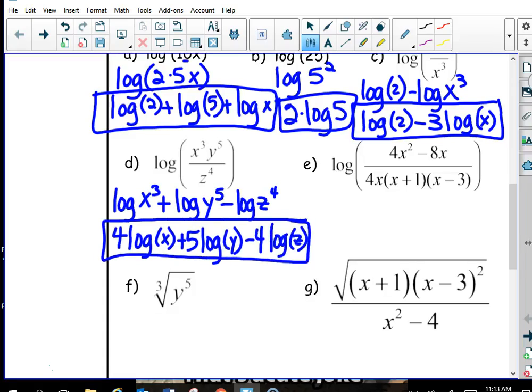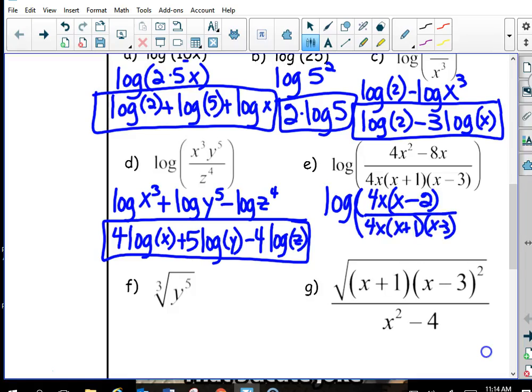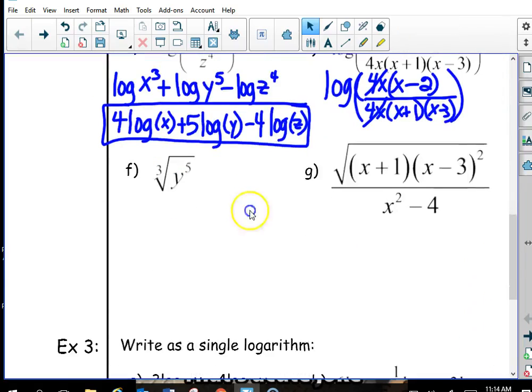With E, and this is a lot like the problem you'll see in XYZ, we can actually factor the numerator. I can do a monomial factor. I can pull a 4x out of both terms: 4x times x minus 2, and 4x, x plus 1, x minus 3. I think this is worth doing because we can reduce a little piece of that.